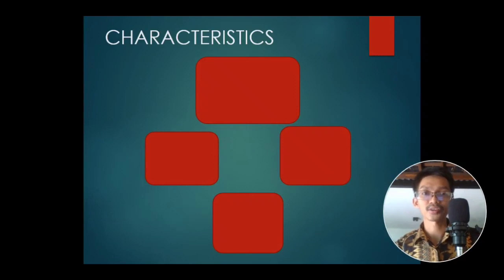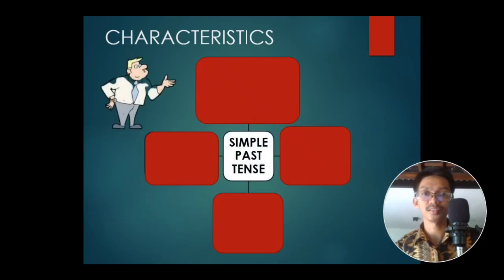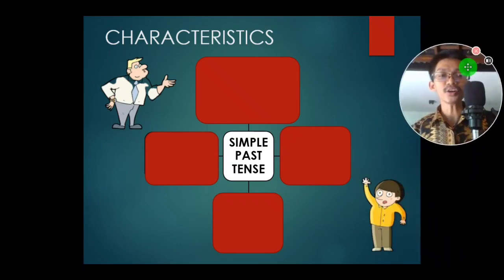The characteristics. The teacher. Hello guys, do you know about simple past tense? Yes sir, I know it. Can I answer? Sure son, you can answer. So what are the characteristics of simple past tense?